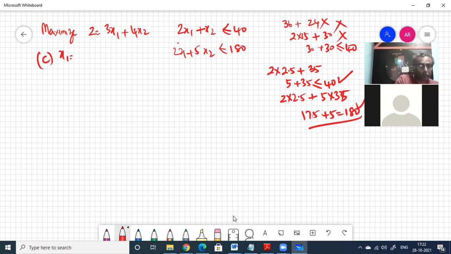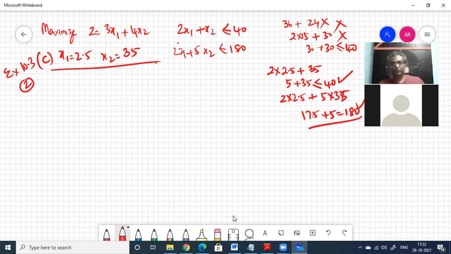X1 equal to 2.5 and X2 is equal to 35. This is the right answer for exercise 10.3, second sum. Okay, this is a simple sum. This is a multiple choice question sum.